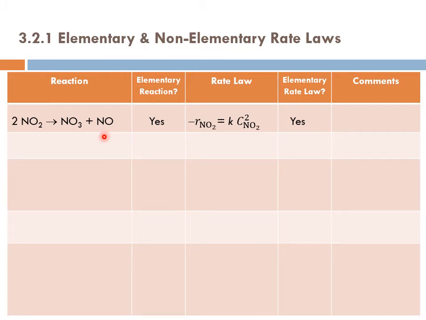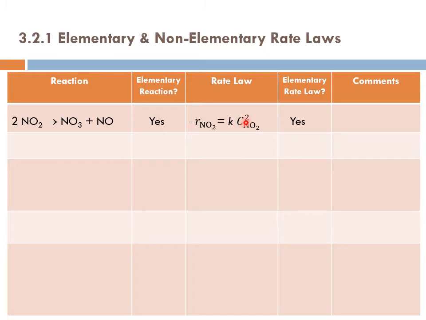Since this reaction is elementary, the rate law would definitely be elementary. Elementary means ibtidai, simple. How is it simple? As you can see, it's very simple. It follows the power law model. So the rate of reaction equals k times the concentration of the reacting species raised to the stoichiometric coefficient.